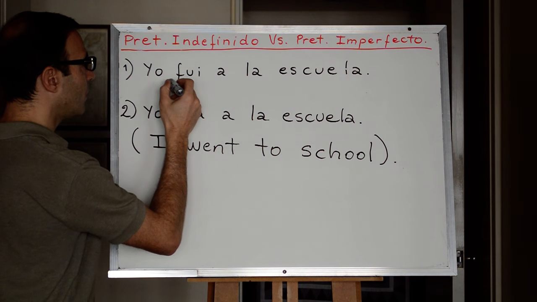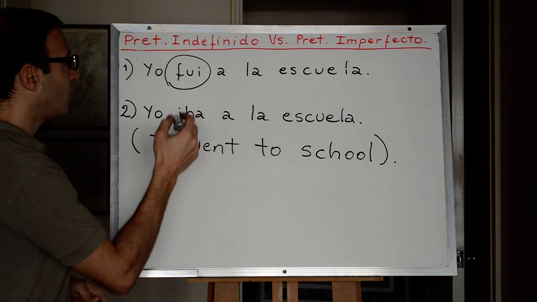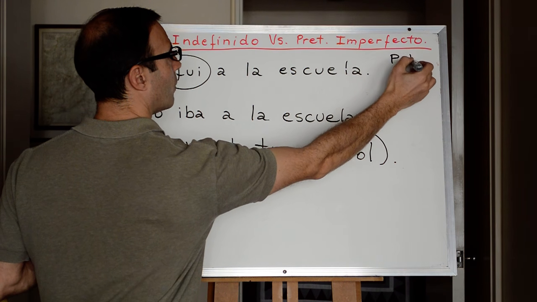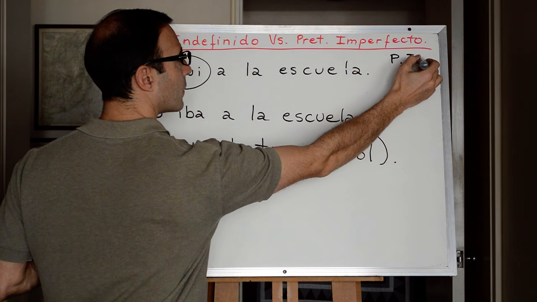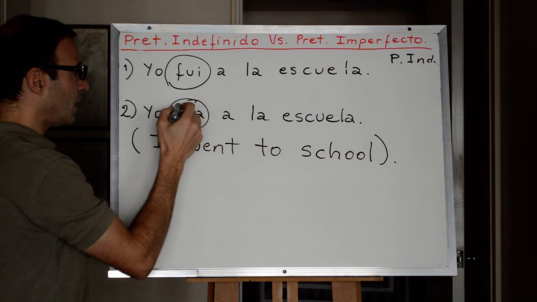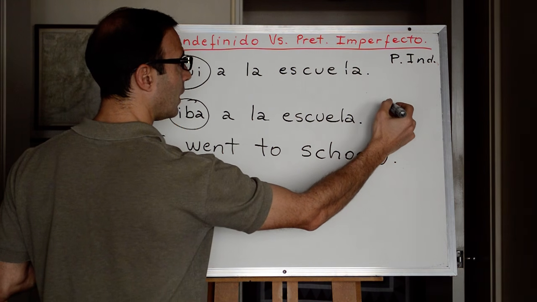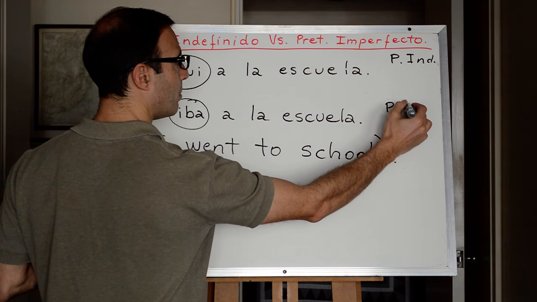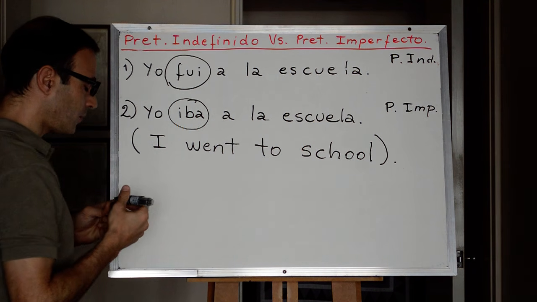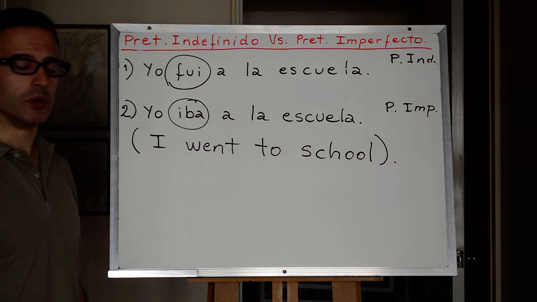In the first sentence, the verb to go, ir, is conjugated in Preterito Indefinido. In this sentence, iba, the verb to go, ir, is conjugated in Preterito Imperfecto. I went to the school, or to school.